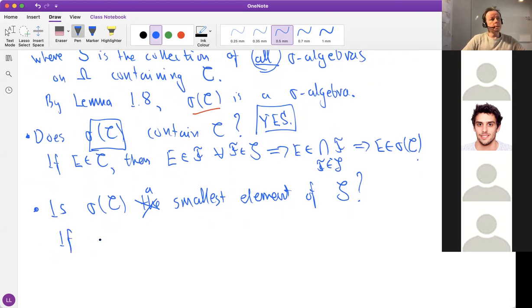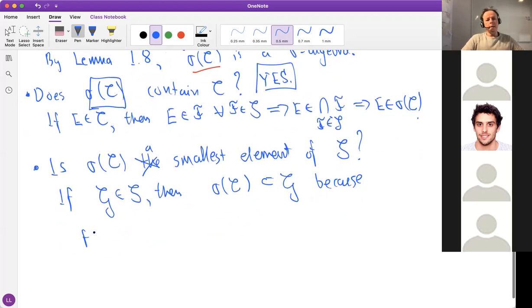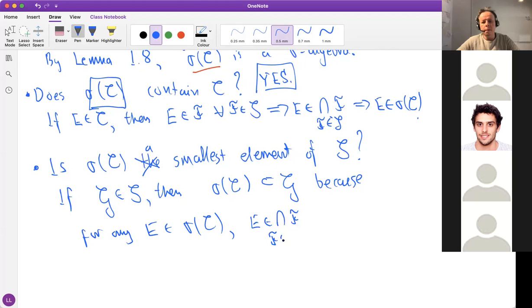Assume that we take some member of this collection S, so some sigma algebra G containing C. Then sigma C belongs to G, because for any set E in sigma C, by definition it's in the intersection of F, where F goes through S. That means, of course, that G is one of these, so E belongs to G. That's why this is true.